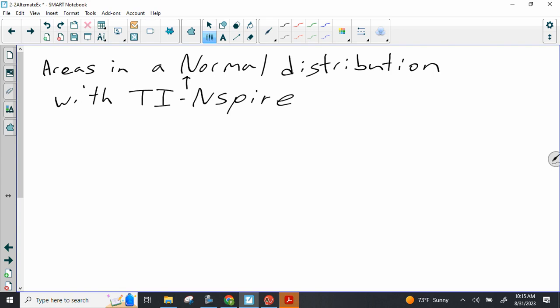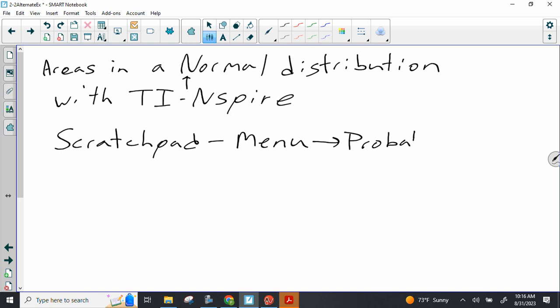But our commands are going to be: use your scratch pad. So from the scratch pad, I recommend we're going to hit menu, we're going to go to probability, we're going to choose distributions.